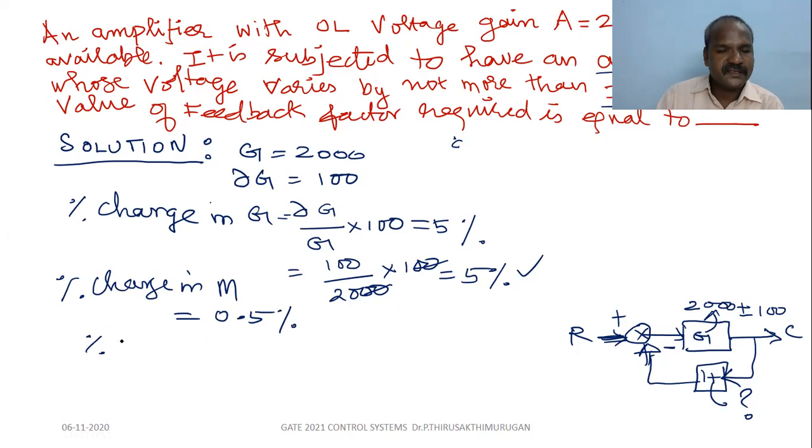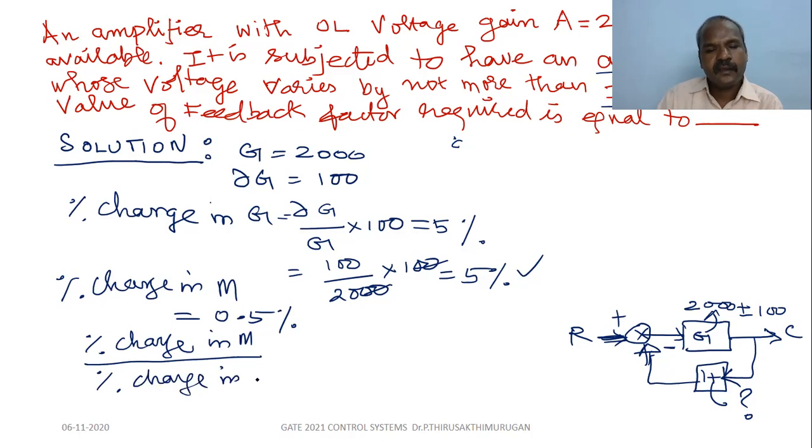So percentage change in M divided by percentage change in G is equal to 1 by 1 plus GH.